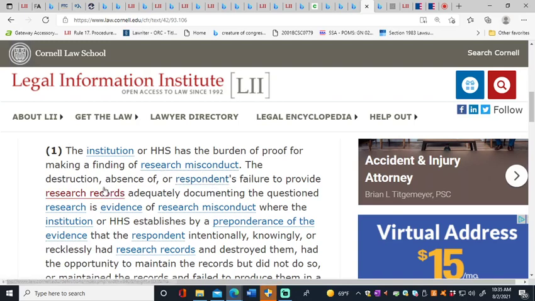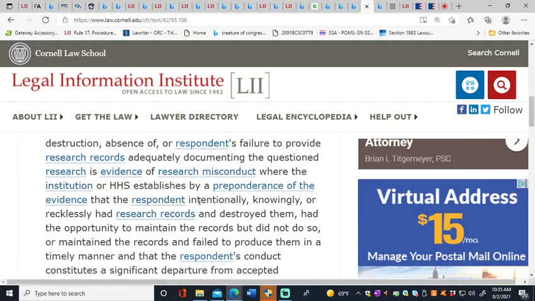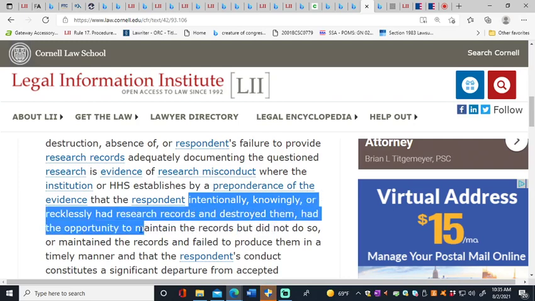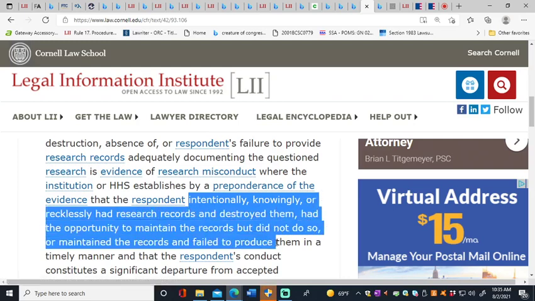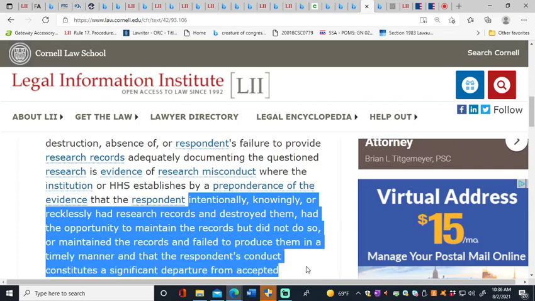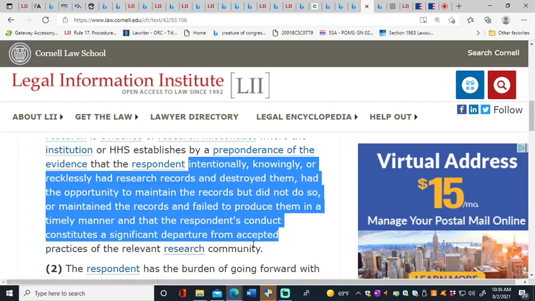The destruction, absence of, or respondent's failure to provide research records adequately documented is evidence of research misconduct where an institution or HHS establishes by a preponderance of evidence that the respondent intentionally, and remember I told y'all everything starts with intent, knowingly or recklessly had research records and destroyed them, or had the opportunity to maintain those records but did not do so, or maintained the records and failed to produce them, in a manner that constitutes a significant departure from accepted practice of the relevant research community.